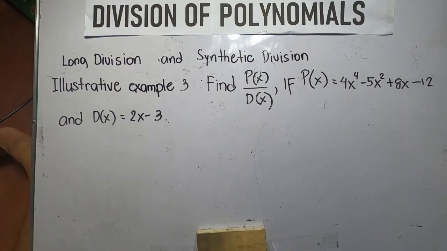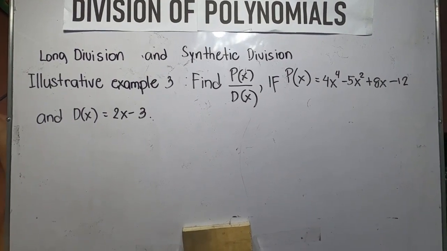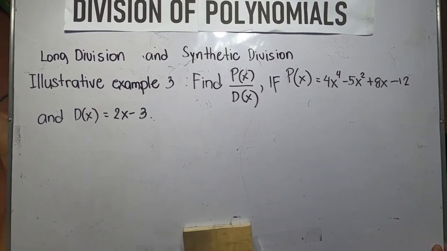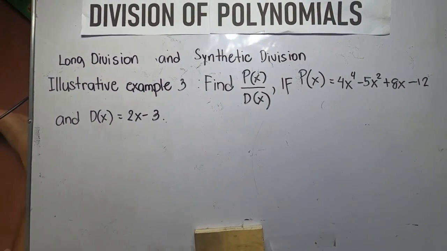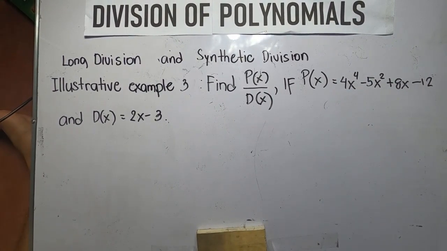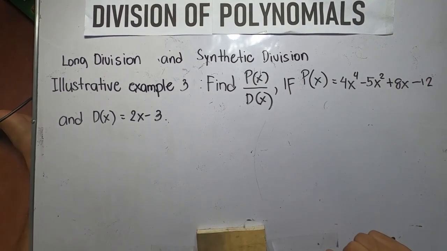So, through long division method, first step, ensure that the dividend and the divisor are written in standard form. The dividend, as you can see, is already written in standard form. However, there is one missing power of x. So that one missing power of x could be represented by 0x cubed.